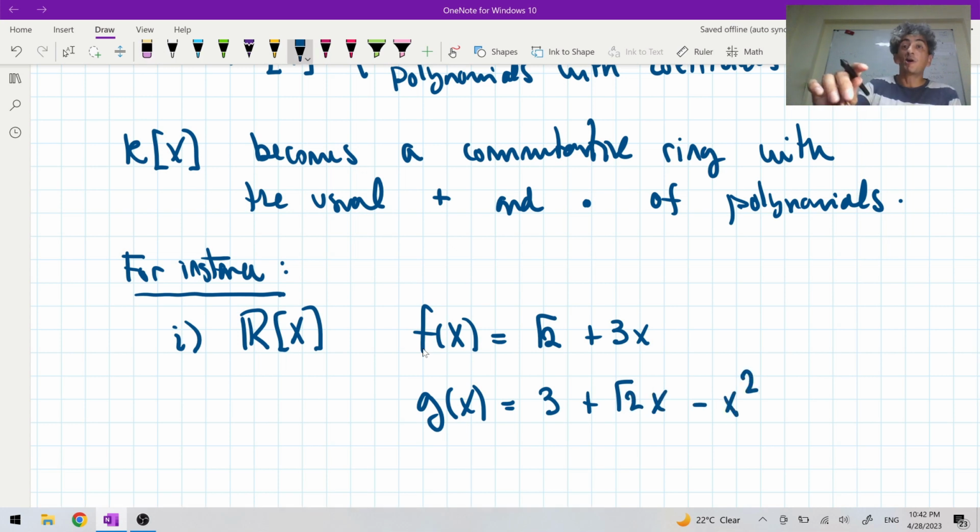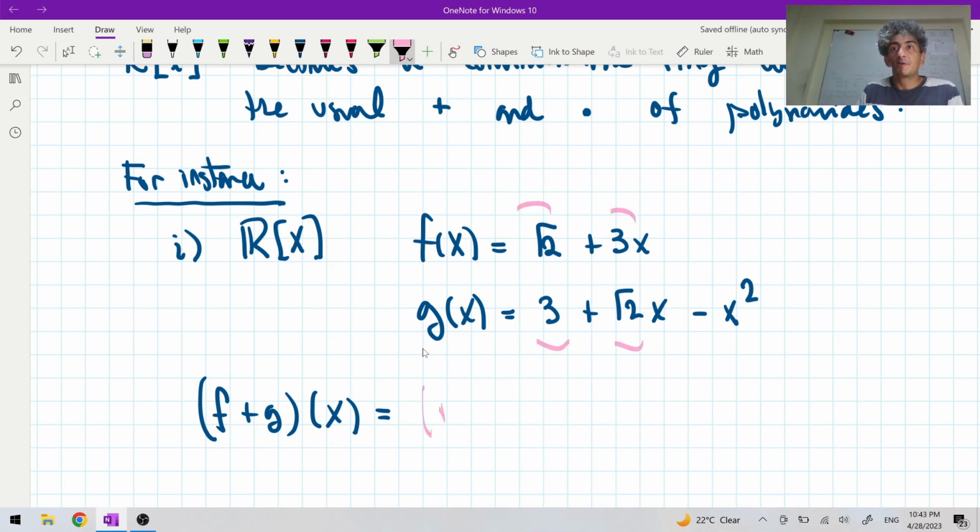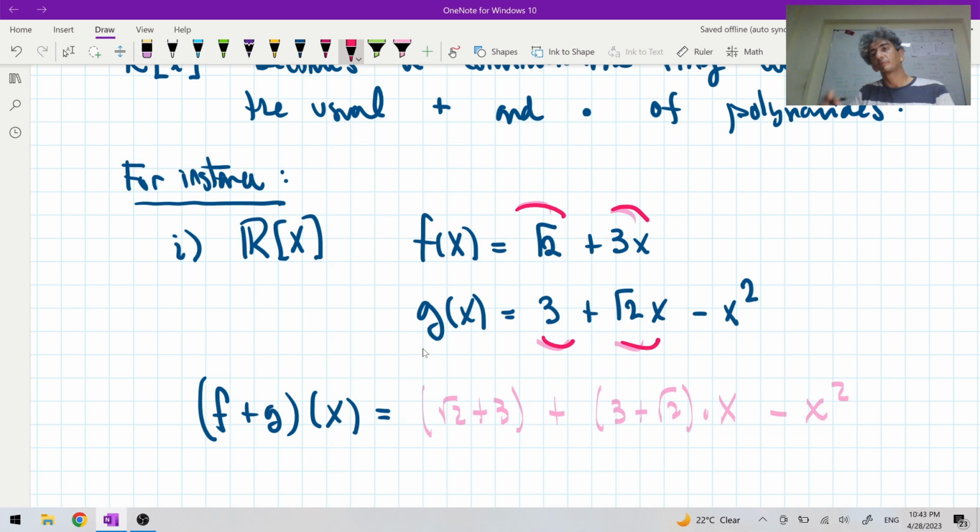You know how to take addition. The addition of f and g at x is simply adding power-wise. So this will be square root of 2 plus 3, plus 3 plus the square root of 2 times x, minus x squared. So we end up adding power-wise. So we know how to add polynomials.